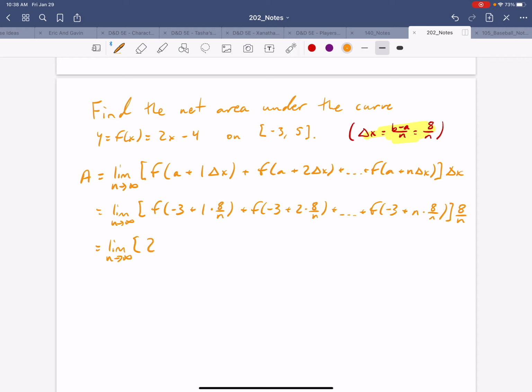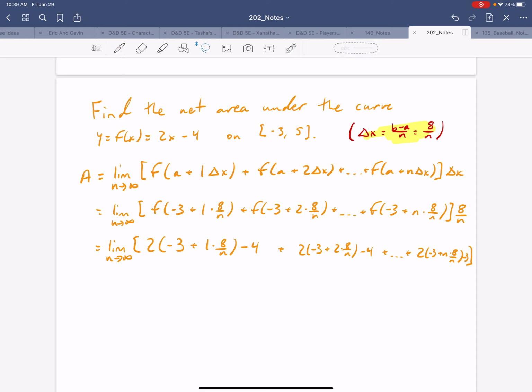So we're going to get 2 times -3 plus 1 times 8 over n, minus 4, plus 2 times -3 plus 2 times 8 over n, minus 4, plus blah, blah, blah, plus 2 times -3 plus n times 8 over n, minus 4.